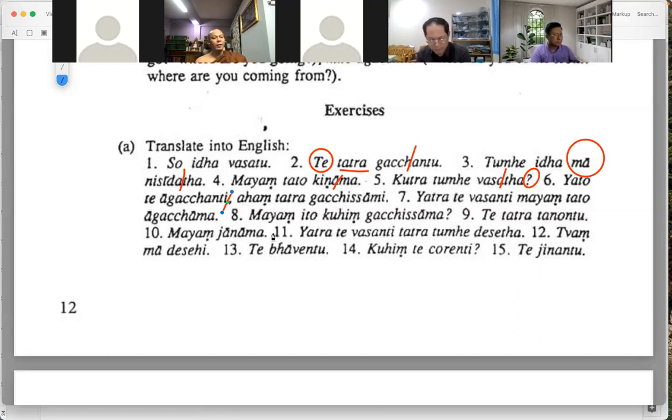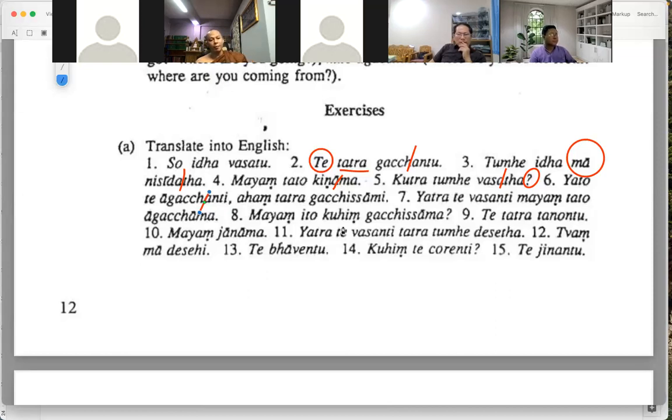The first line, yato te agacchanti. Here also we should focus on the verb first. Agacchanti: agaccha and anti. Anti is present tense, third person, plural. Agaccha means come, so they come. Yato means from where.